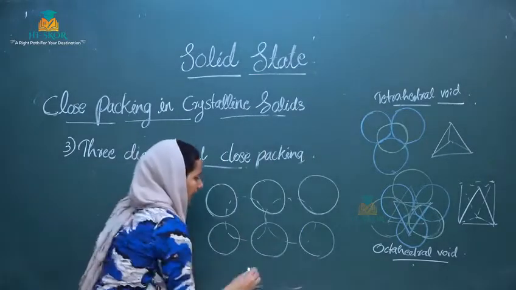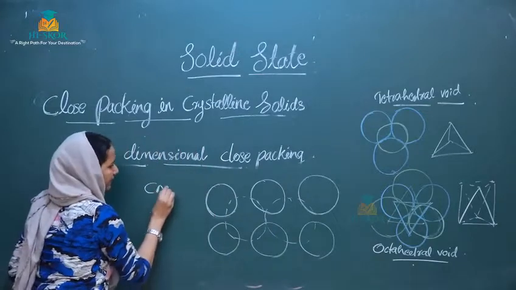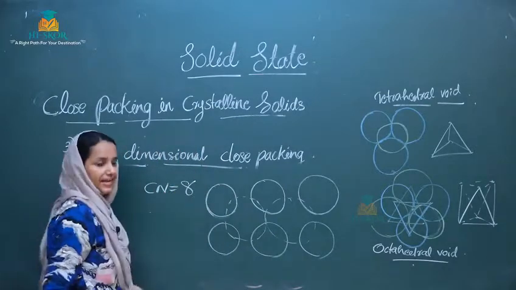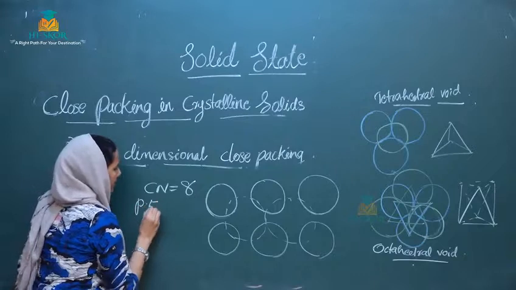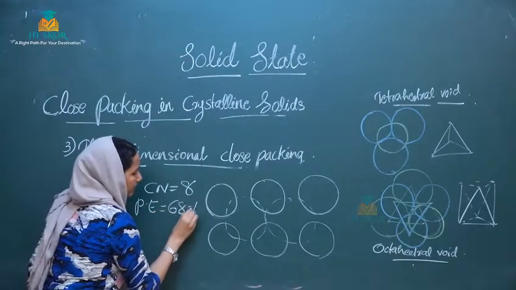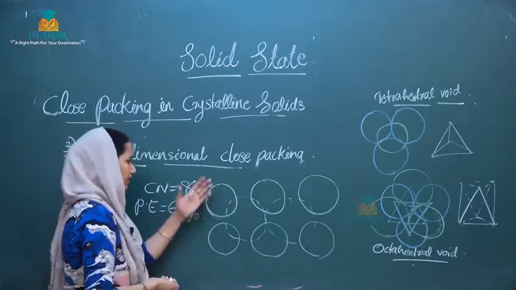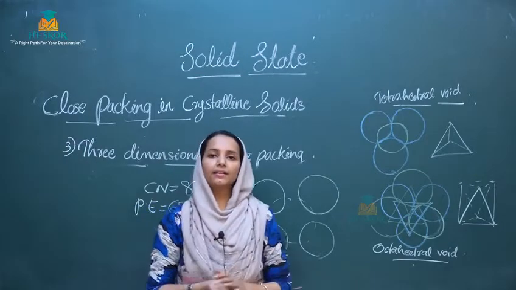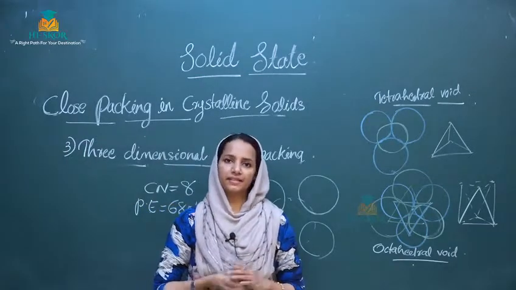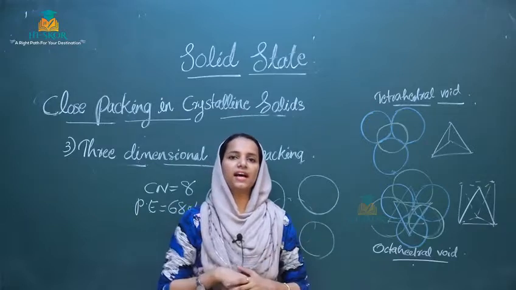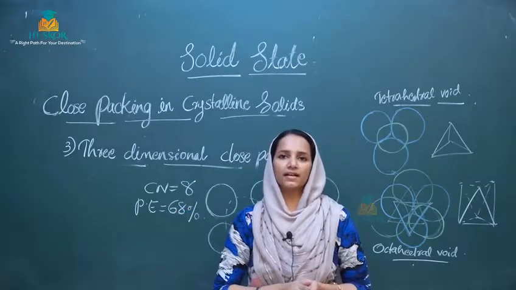Here the coordination number is found to be 8, and packing efficiency will be 68%. Okay. So here the coordination number is 8 and the packing efficiency will be 68%. So these are the types of close packing in crystals.